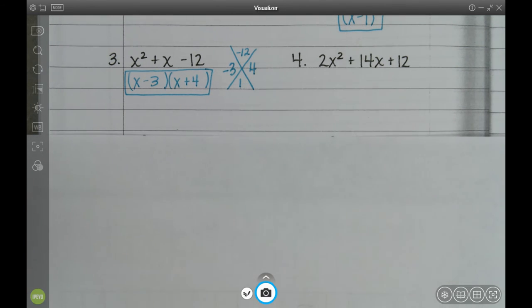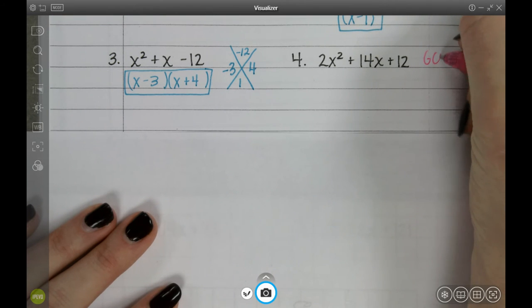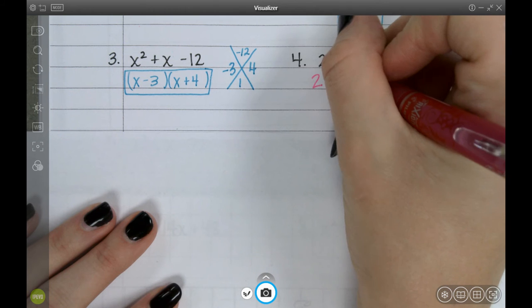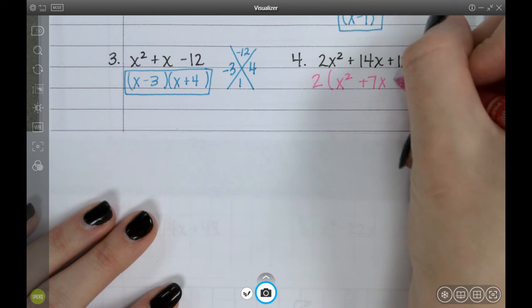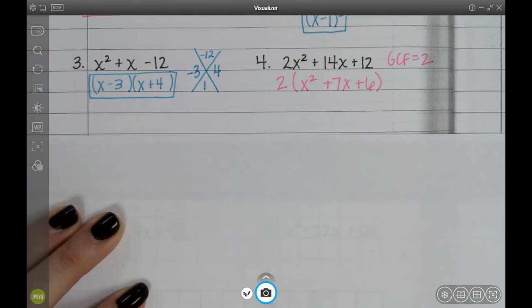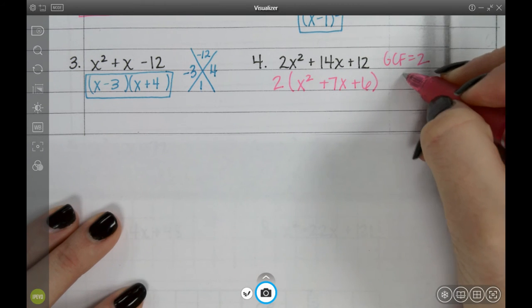Okay, some of you are struggling on number 4, but you have to take out your GCF of 2 first. So you have 2 times x squared plus 7x plus 6. So for now, you need to ignore that 2.